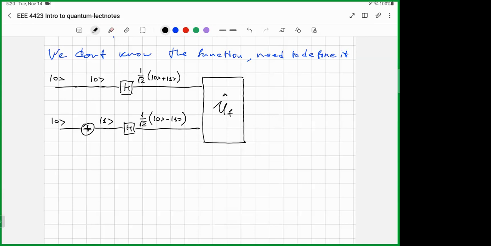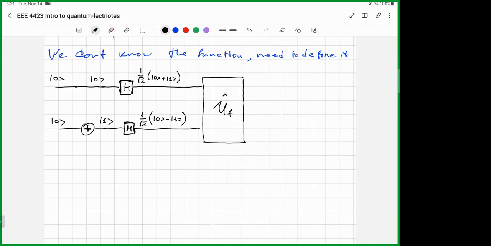The type of this unitary operator depends on the function that we are defining. We don't know the function, but we can encode it into the unitary operator that acts on these two qubits in a way we're going to describe.